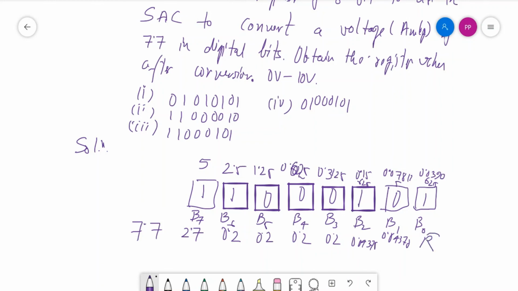So that will be the error in the measurement because all the values could not be assigned.